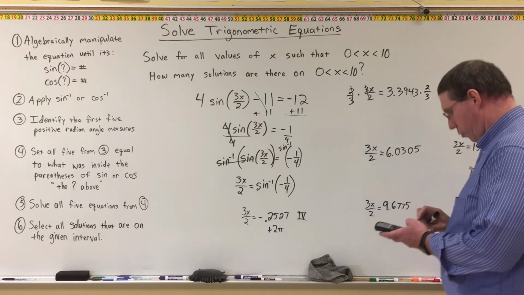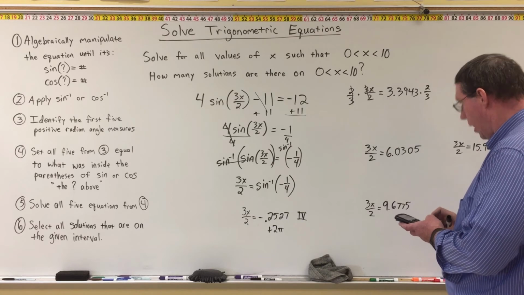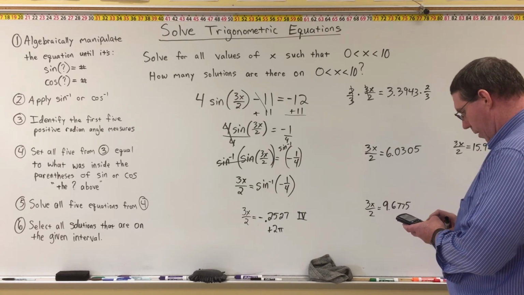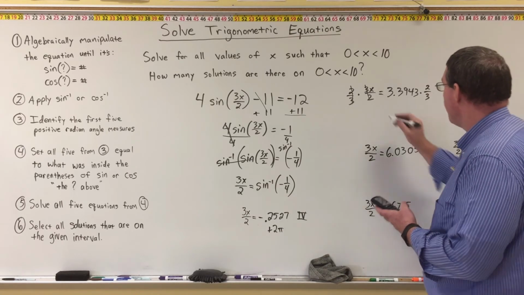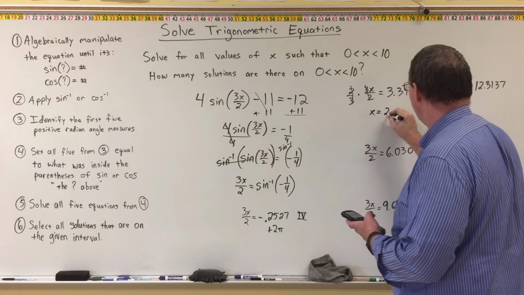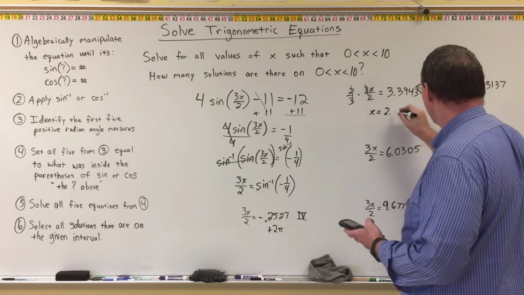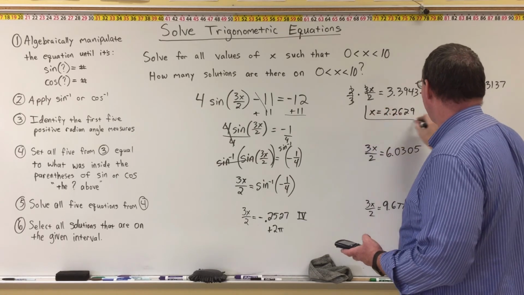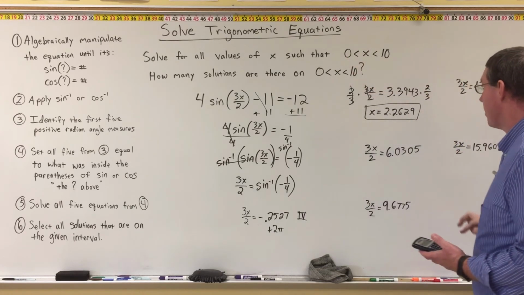So I'm going to do 3.3943 times 2 divided by 3. I'm putting that in parentheses just to be safe. And that gives me x is equal to 2.2629. And that is my first solution for x. And that is between 0 and 10, so that's one of my solutions.